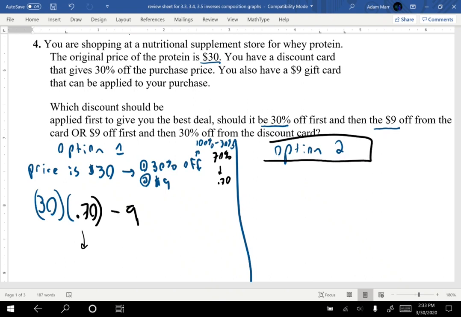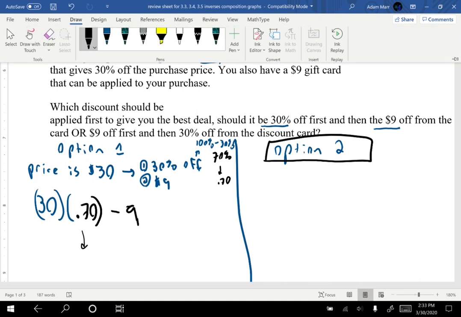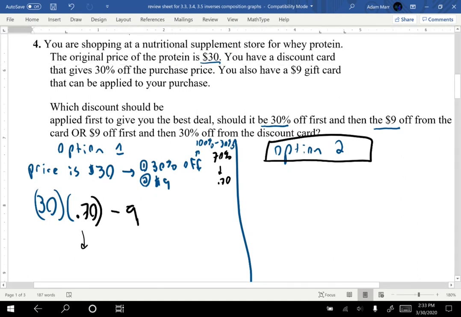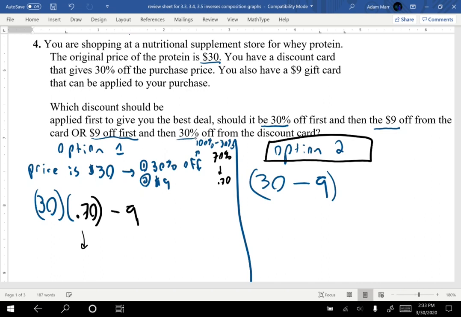Option 2 says $9 off first and then 30% off. So we still have our original price of $30, but from there I'm taking $9 off first, and then 30% off.